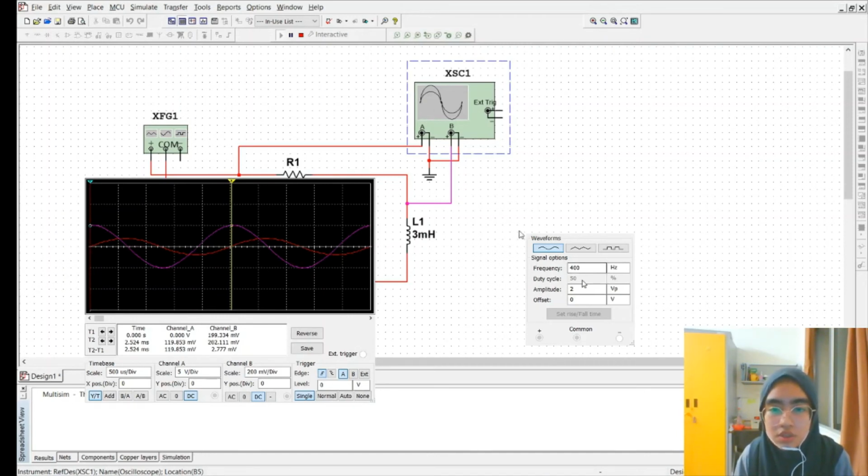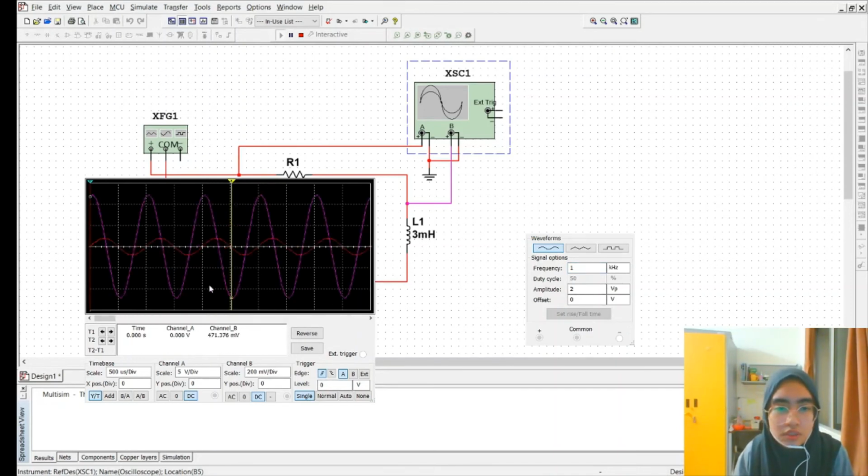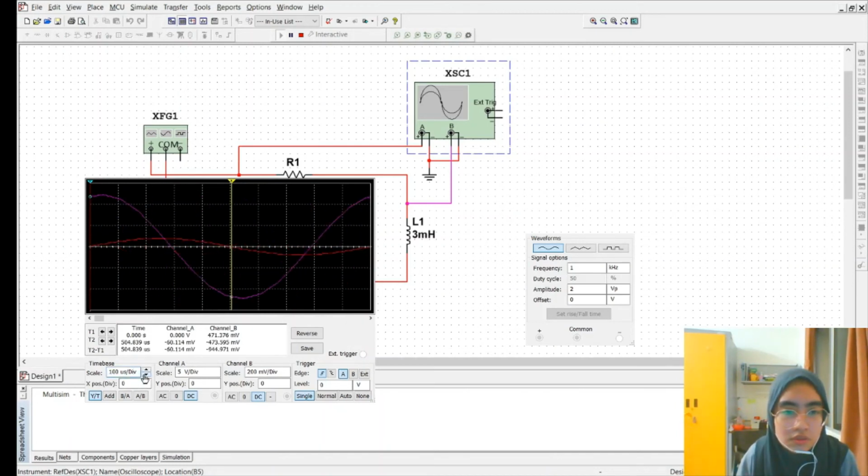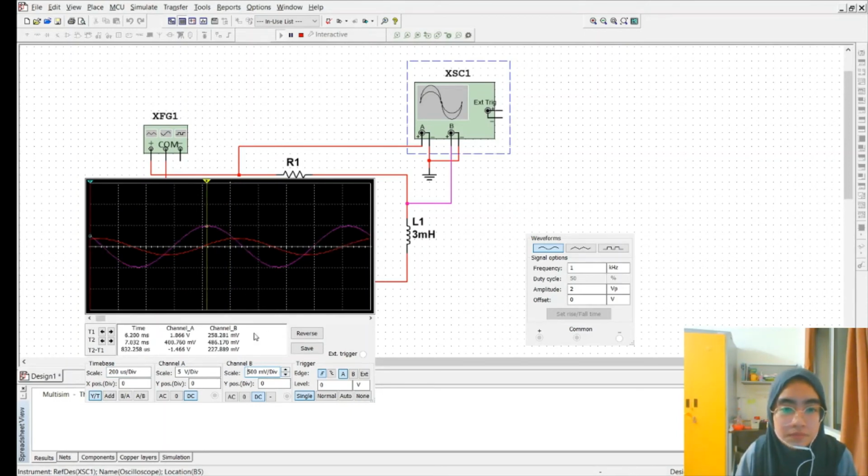So let's try another value. Let's try around 1 kilohertz. Okay, 1 kilohertz. So we can adjust the time scale to what your eye feels comfortable to view the circuit. I'll adjust it right here. You can also adjust the scale, and if you adjust the scale, it would not affect the result.